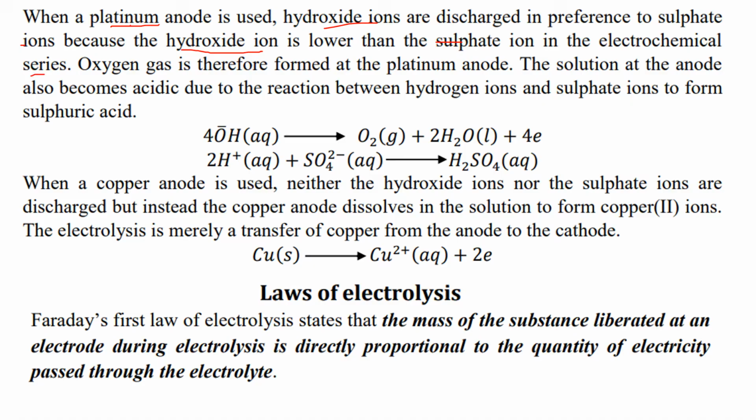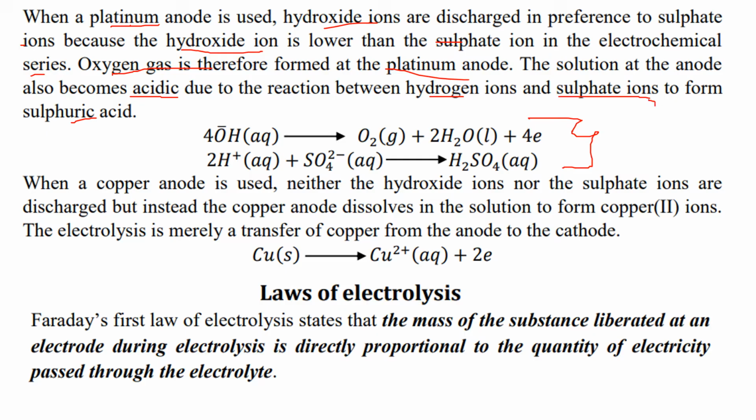Therefore, oxygen gas is going to be evolved at the platinum anode. So the observation will be effervescence of a colorless gas. However, the solution at the anode is going to become acidic due to the reaction between the hydrogen ions which have been left together with the sulfate ions that are left undischarged, forming sulfuric acid that's going to make the resultant solution acidic.